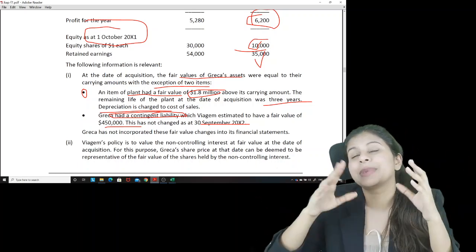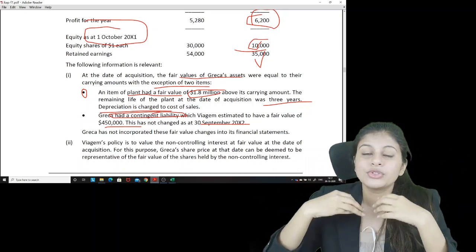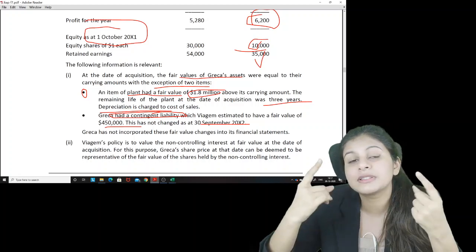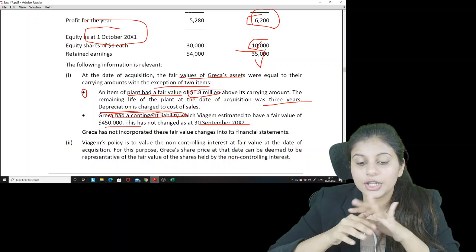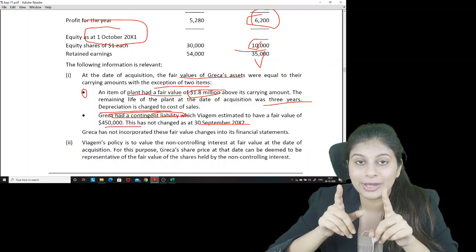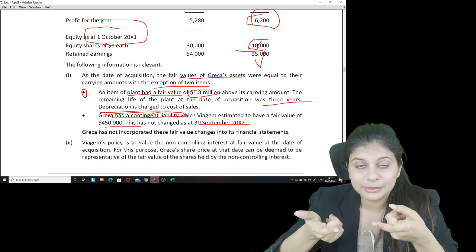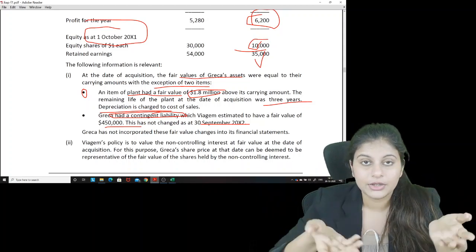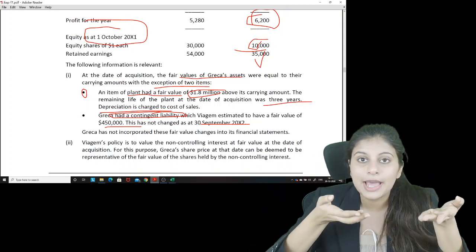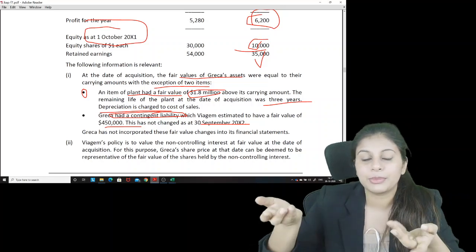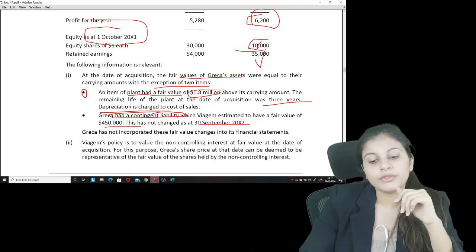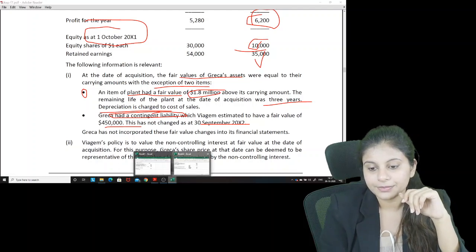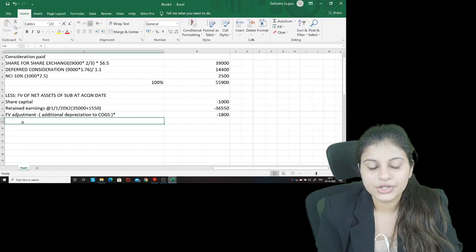I'm not just happy taking all the assets; I will also have to pay back all the liabilities which the subsidiary has, right? So you have to take into account the contingent liability as well. In future, if something happens to the subsidiary, the same thing will happen to the parent. So this 450,000 should be there in your goodwill calculation.